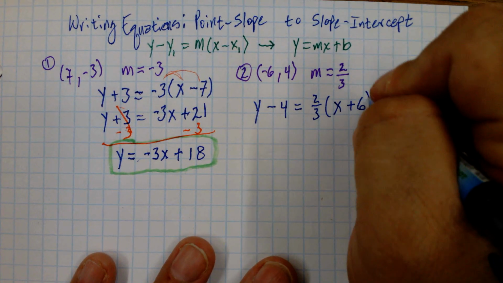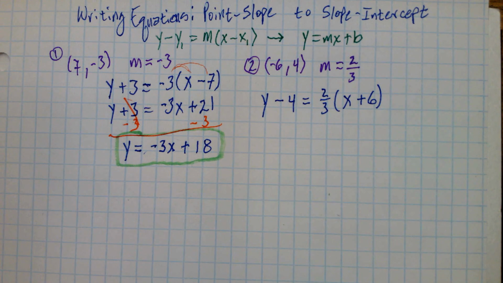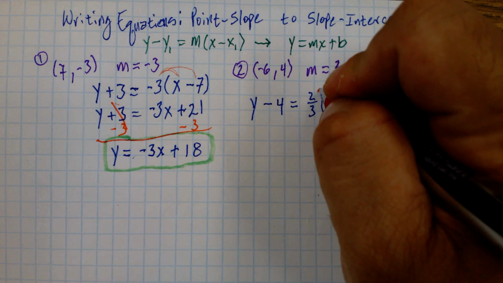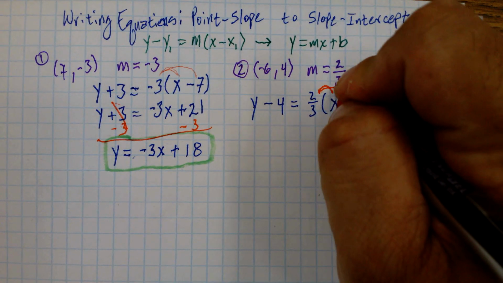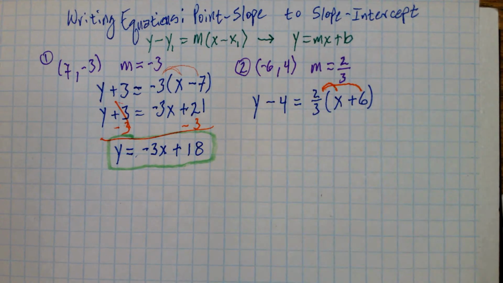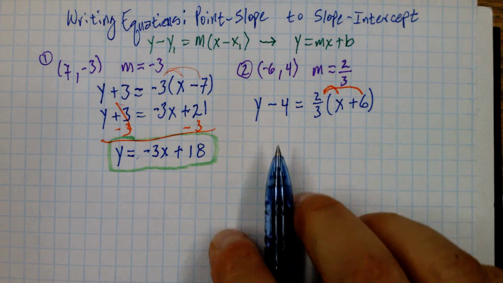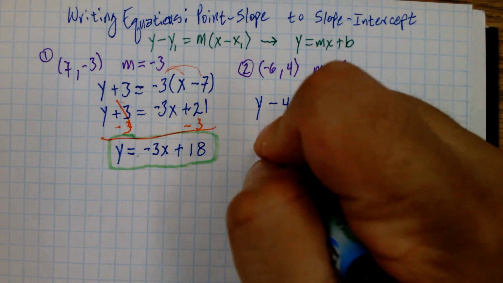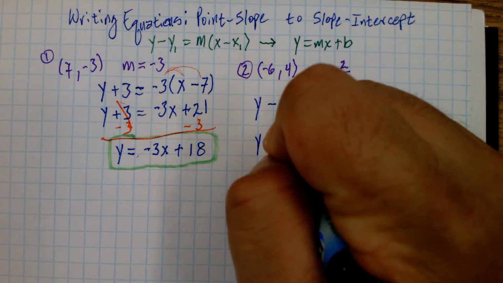Okay, not too bad. This time we have to distribute 2/3. Okay. Well, we're not going to do anything with y minus 4, so that's going to just stay y minus 4.